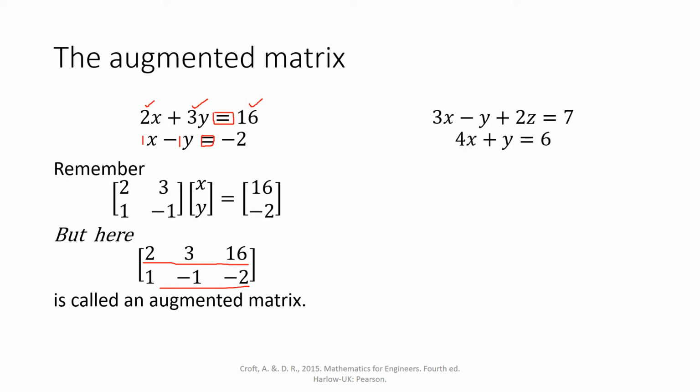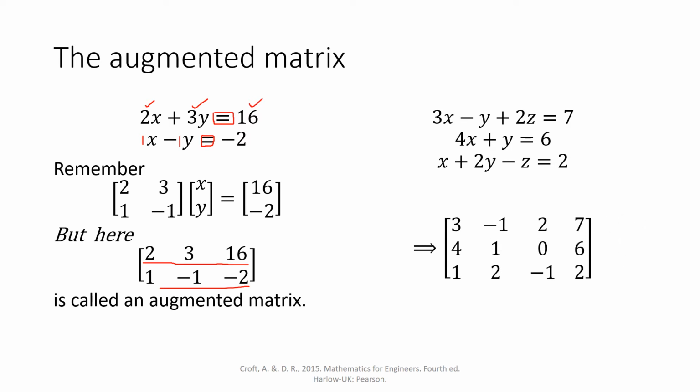Let's have a system of 3 linear equations. With the same pattern we remove the equality symbol and take the coefficients on the left side. Here it is minus 1, 2, and on the other side, so it is the first row of the augmented matrix.